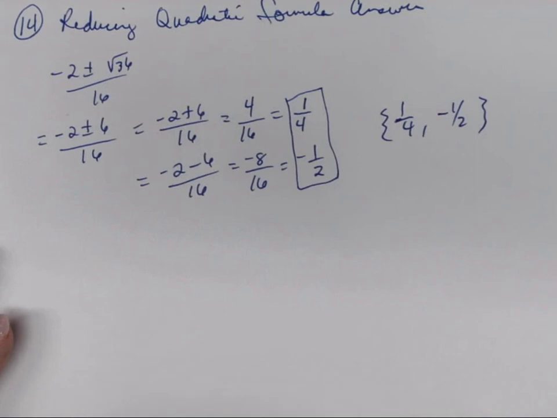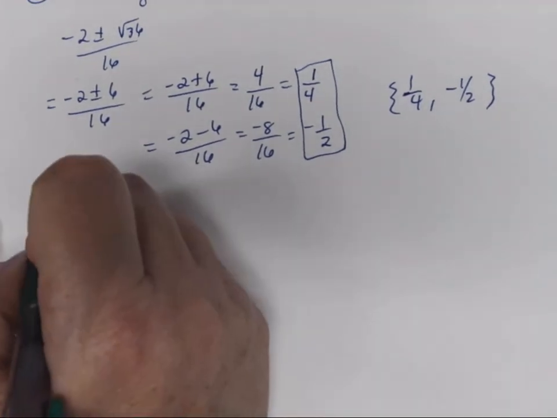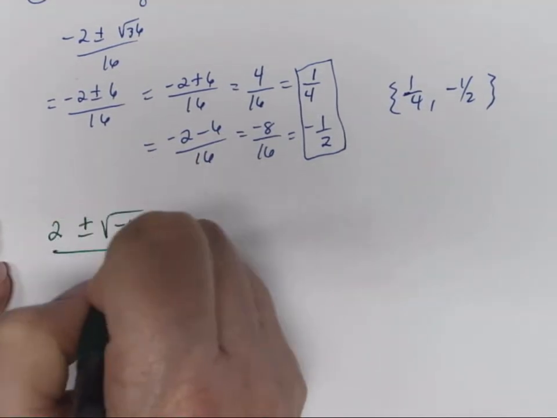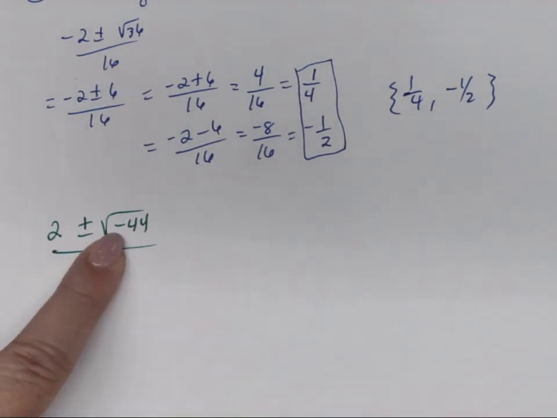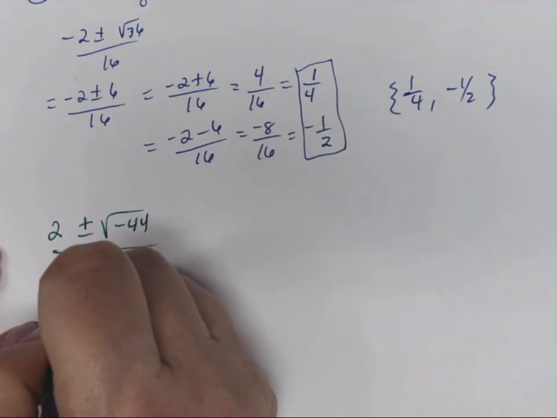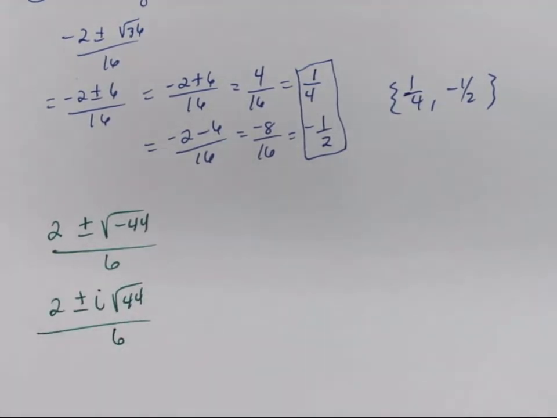All right. So let's look at another example of this. So 2 plus or minus the square root of negative 44 over 6. So this time we got a different answer in the radical part, because that's where it's really going to change. Well, we can't have a negative in there, so we have to pull it out. Remember, i is equal to the square root of negative 1. So this would be 2 plus or minus i square root of 44 over 6.